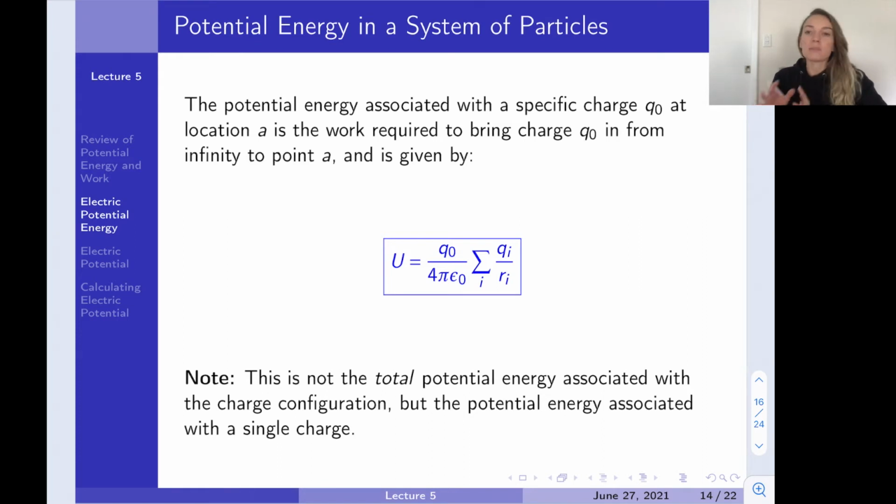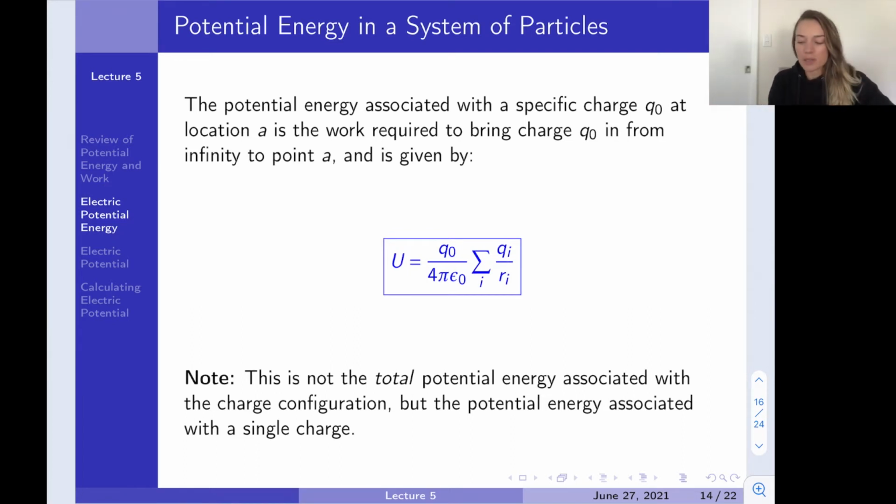So the potential energy associated with a specific charge Q0 located at some point A is the work required to bring in that specific charge from infinity into that location against the electric field that's been set up by those other charges. And we can write that as a sum over those other charges. Each of these Qi's are already sitting there, and we're bringing in that extra Q0.